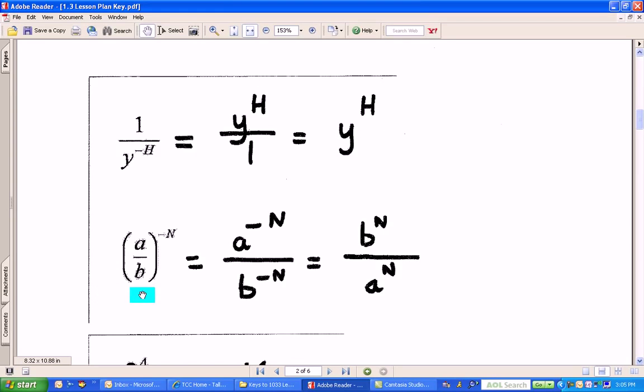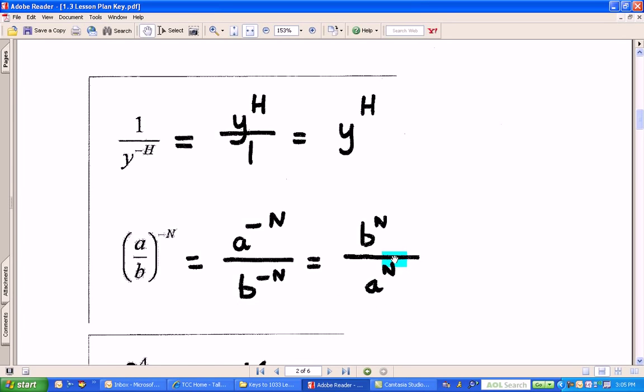In this next example, ab quantity, that's what the parens mean, raised to the opposite of n power. Okay, my first step in the notes, the opposite of n goes with the a, and the opposite of n also goes with the b. So if you'll notice, the first thing I did is I rewrote the problem without the parens.